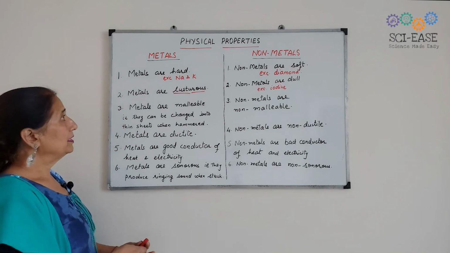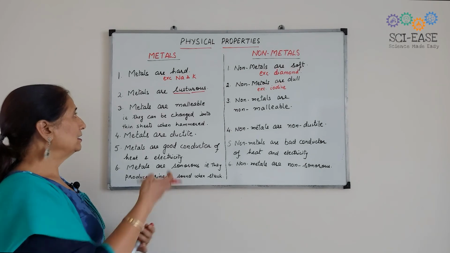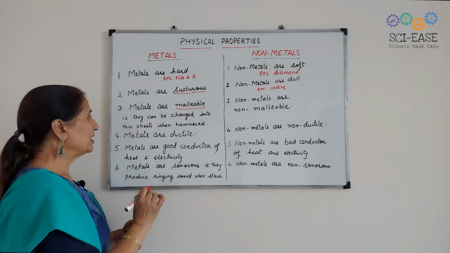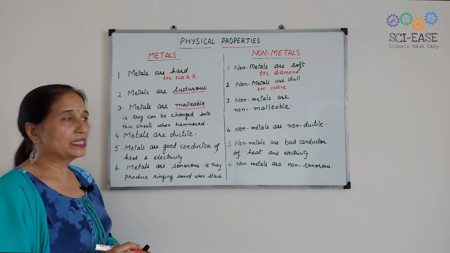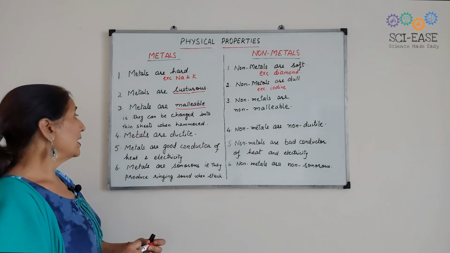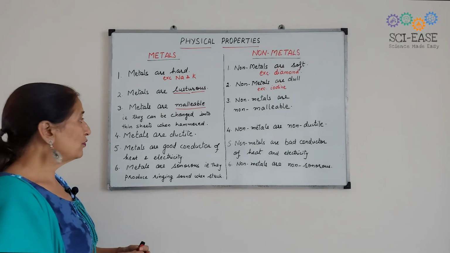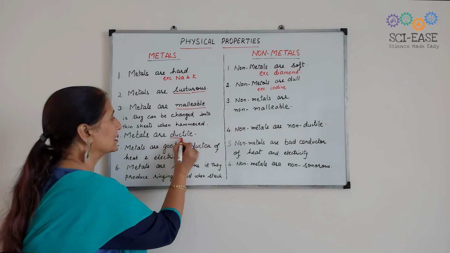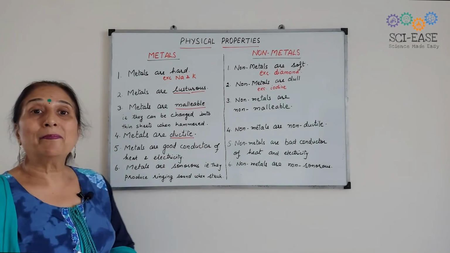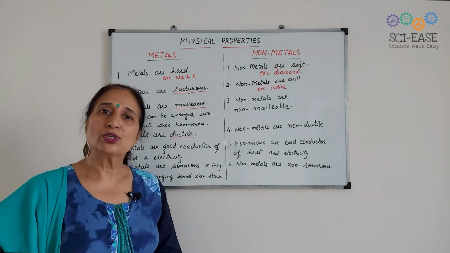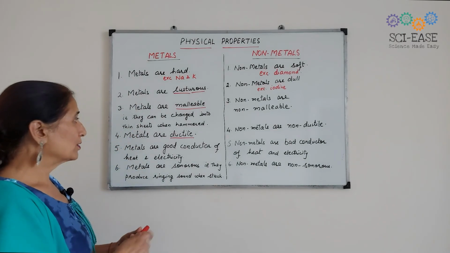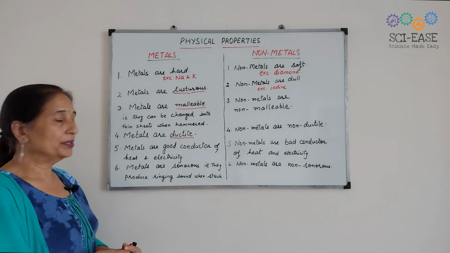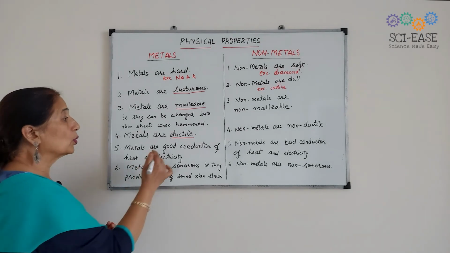Another term which we have covered here is that metals are malleable. That is, they can be beaten into thin sheets when hammered. Another term we have learnt is that metals are ductile. That is, metals can be drawn into wires. So malleability and ductility are new terms for you. Metals are good conductors.